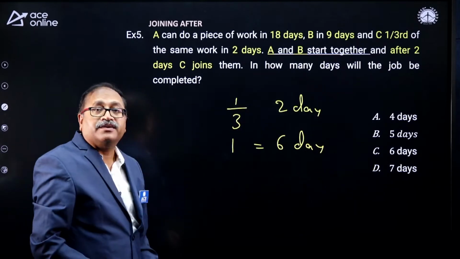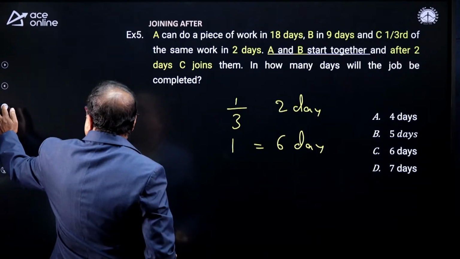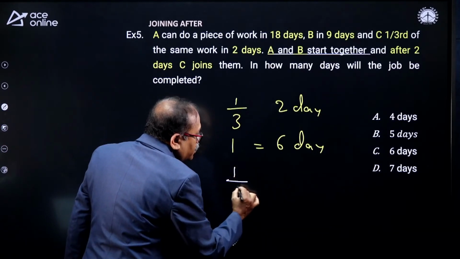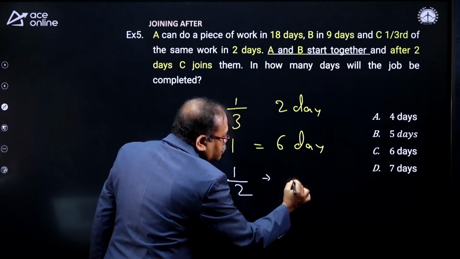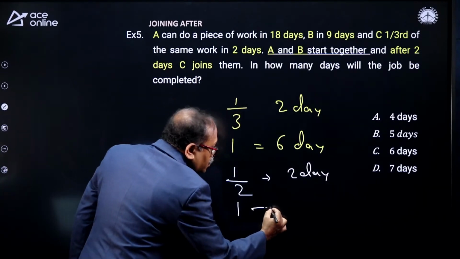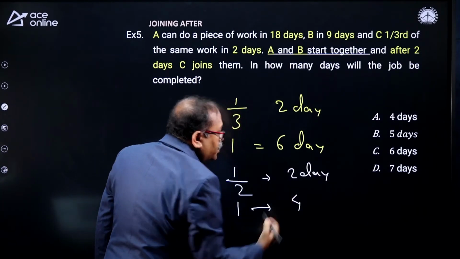No, this part. If I say that C completes half of the work in 2 days, then one work in how many days? So it is obviously 4 days.